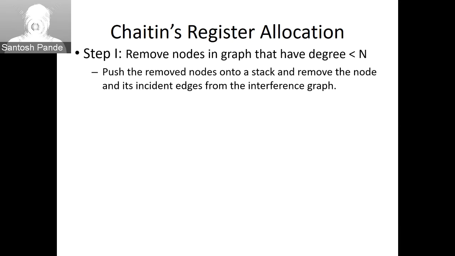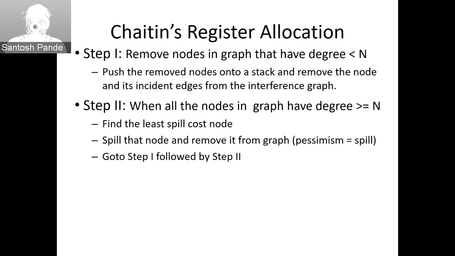So how do these algorithms work? Chaitin says that again the first step remains the same for both, but when you reach this invariant, degree greater than or equal to n, Chaitin says that yes, there is a clique. Let me find the least spill cost node here and go ahead and spill it, which basically means consider it to be memory allocated, not register allocated.